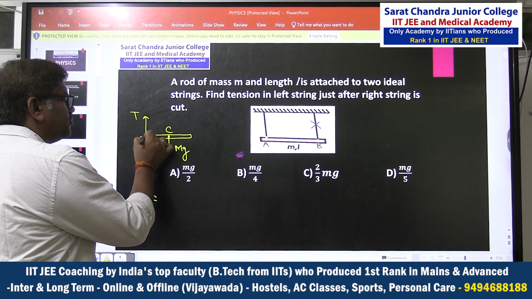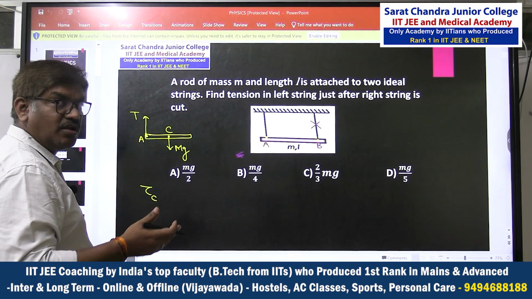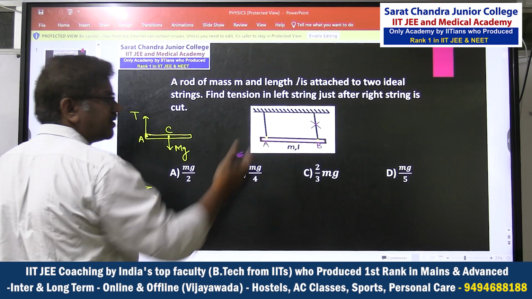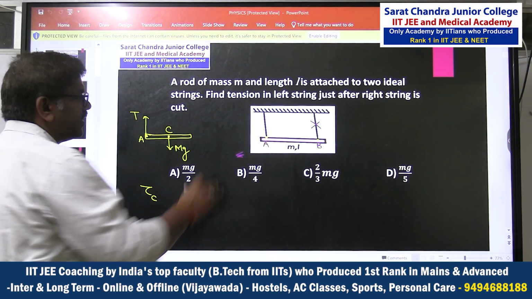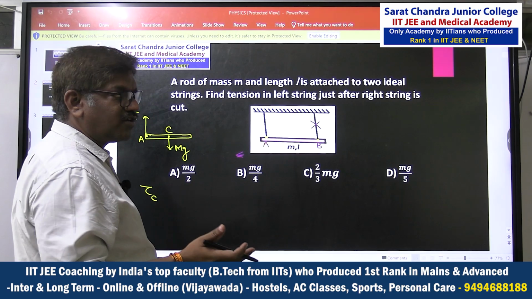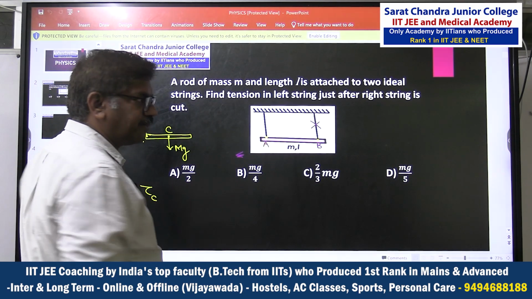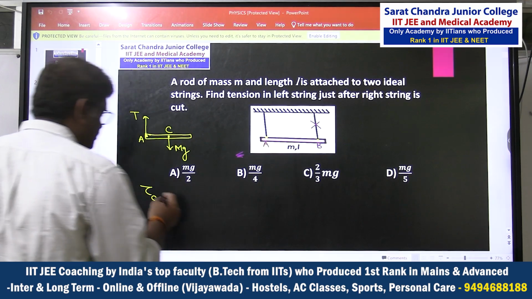Though we can write the torque equation about point A also, but not in all cases. If this string is making some angle, then our equations will be different. So always choose the center of mass for writing the torque equation. It will always give you the right solution.